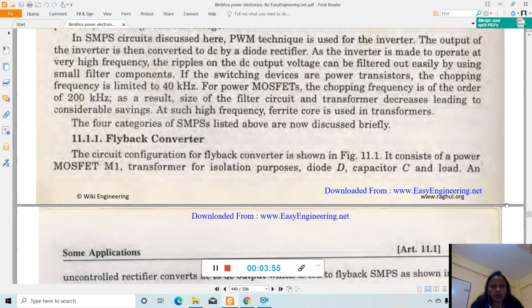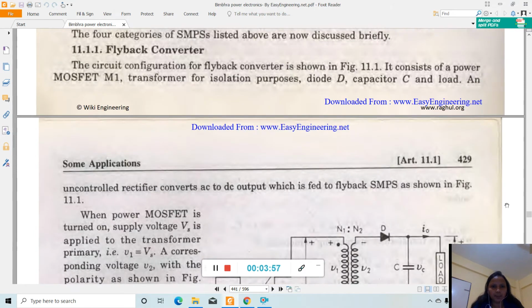First we will study about the flyback converter. See, these are all the applications of power electronics circuit. One of them is the SMPS, switch mode power supply. Under this we will study four categories of circuit. The first one is the flyback converter.